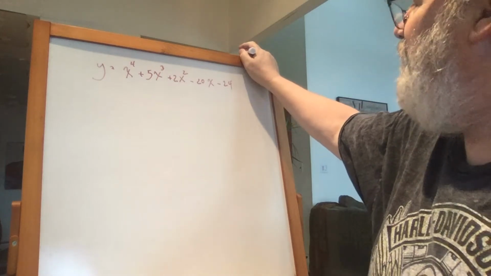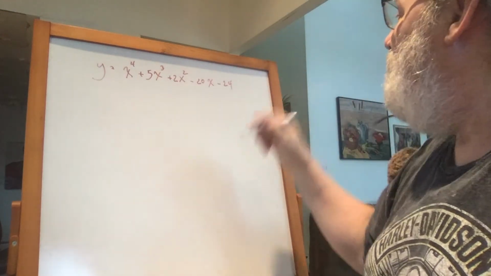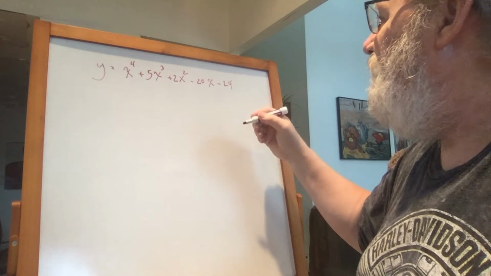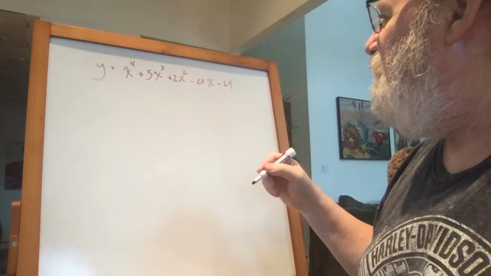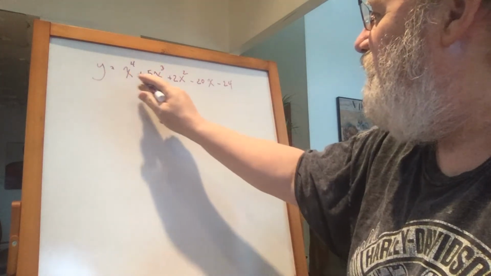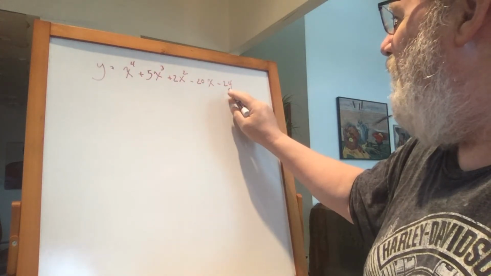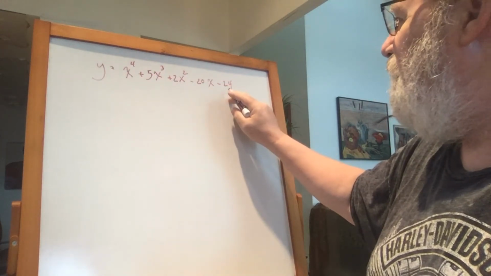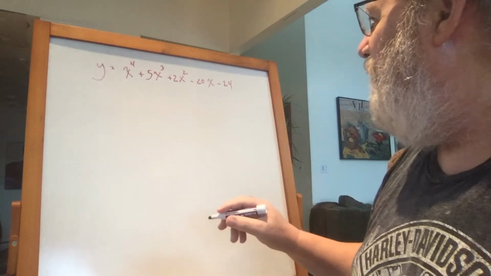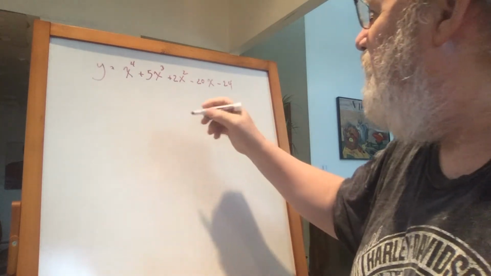And the way we do that is there are several ways we can do this. First off, if you look at the coefficients of the first two and the last two terms in the polynomial, if the ratios are the same, then you can factor them.